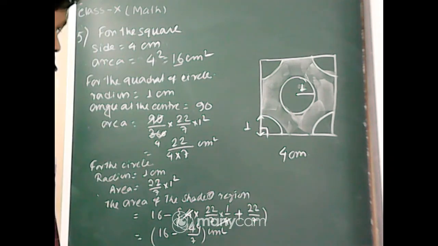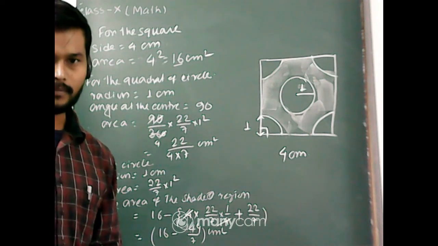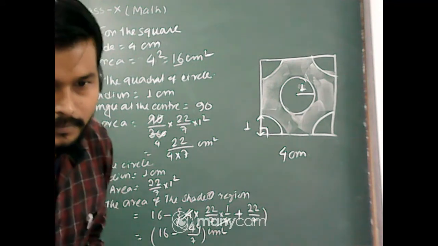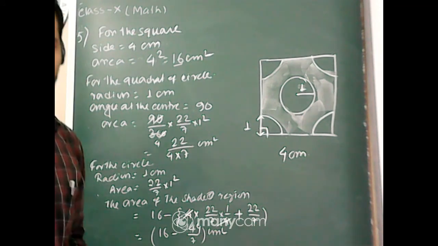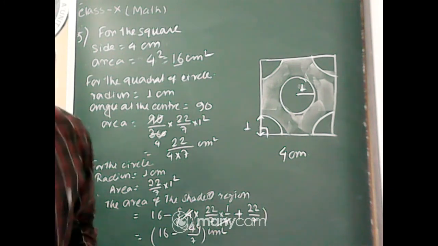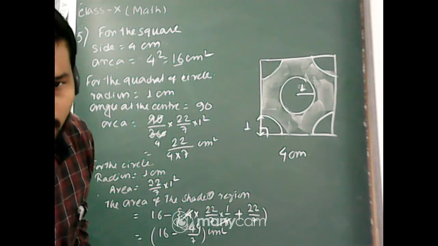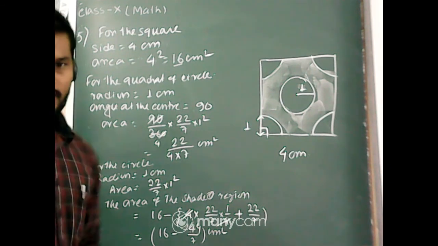Multiply 7 into 16 and then subtract. Tell me the answer. 68 by 7.